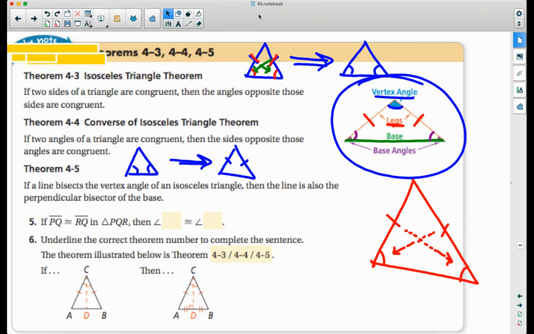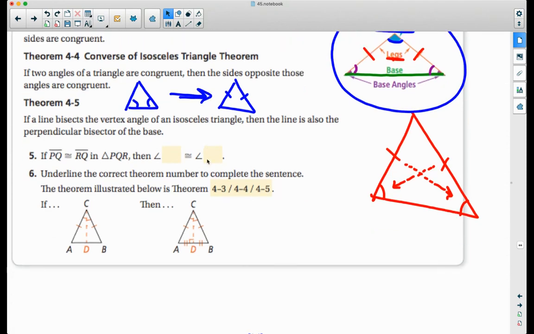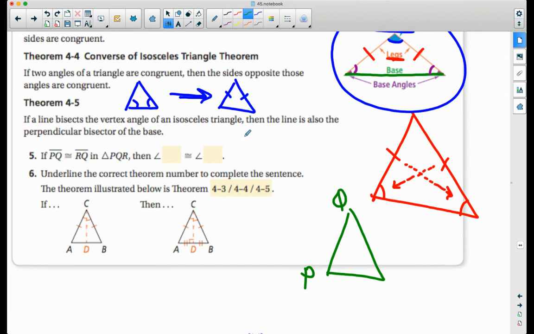If segment PQ is congruent to segment RQ in triangle PQR, then what angles are congruent? All right, so let's take a look at the triangle. And it says that segment PQ is congruent to segment RQ. So what angles are going to have to be congruent? Angle P and angle R.